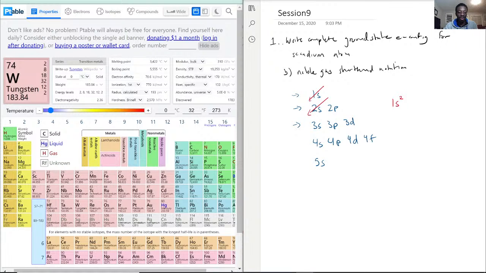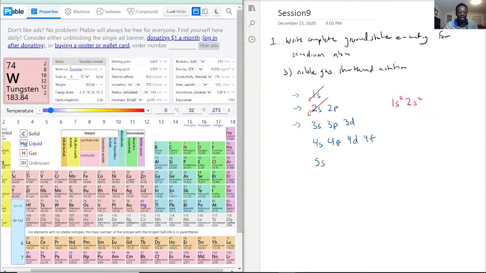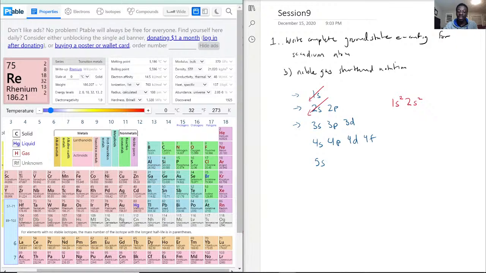That would also be our S shell. The S shell is the first and second column, including helium. And the P shell, as we're going to see, is going to be the columns 13 through 18, not including helium, okay? So now we have 2s2 for the lithium, beryllium. And that means from boron through neon, that would be 2p6.